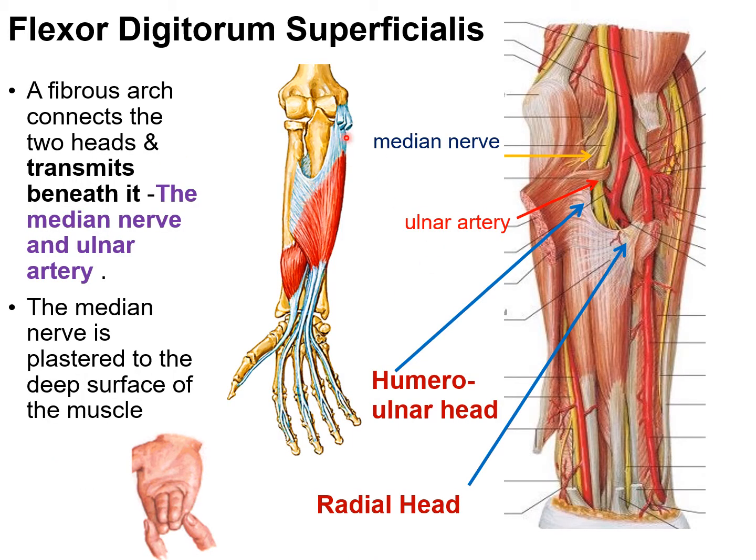The fibrous arch connects the two heads. This is the radial head, this is the humero-ulnar head. The fibrous arch connects the two heads and it transmits beneath it the median nerve and the ulnar artery.